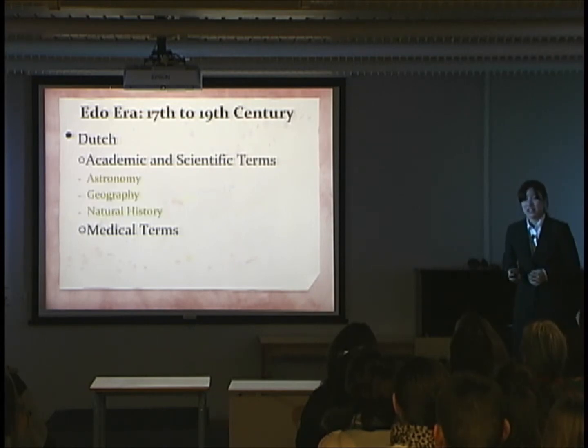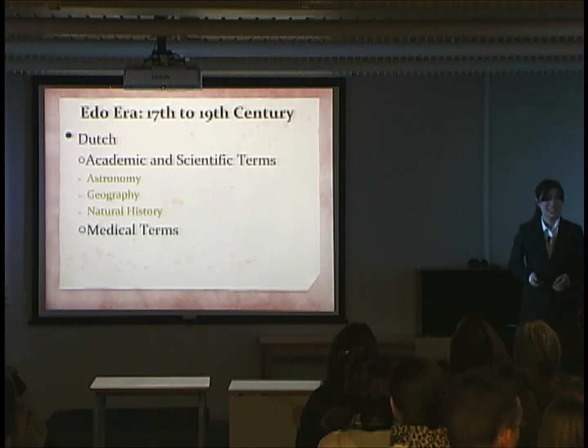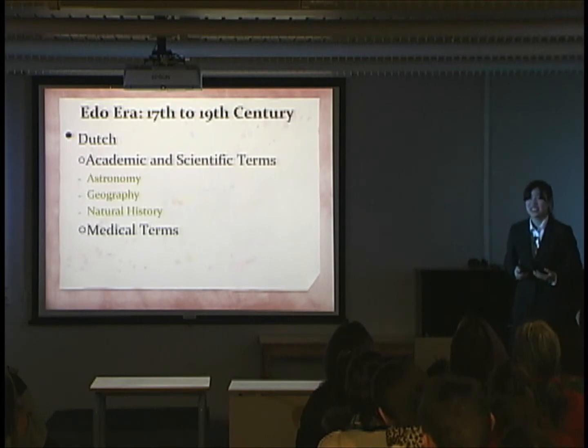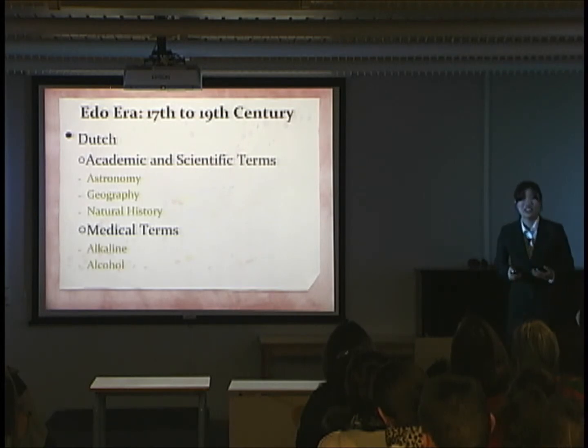For example, there are astronomy, geography, and natural history as scientific terms. The Dutch were remarkable in medical science. Most of the basic medical technical terms came into Japan at this time. For example, we use words such as alkaline and alcohol.